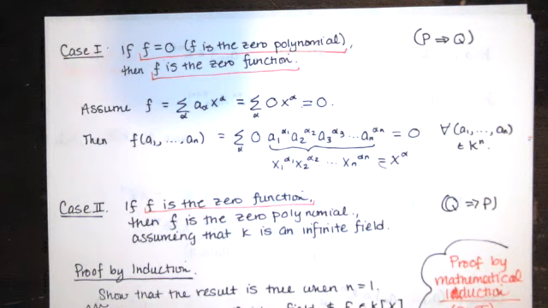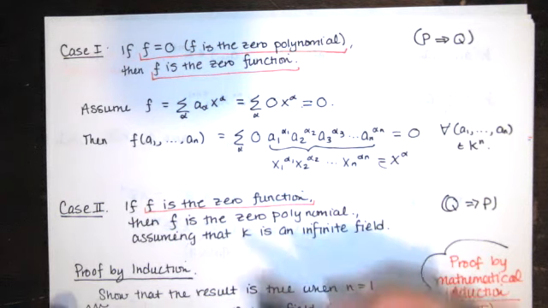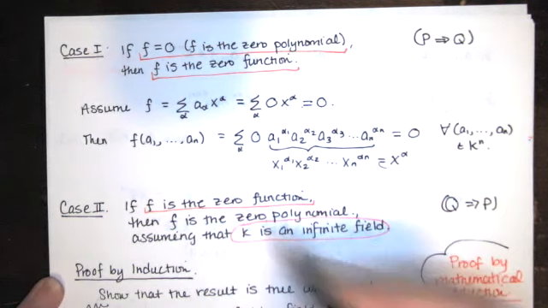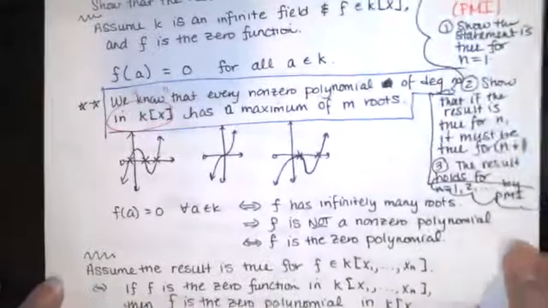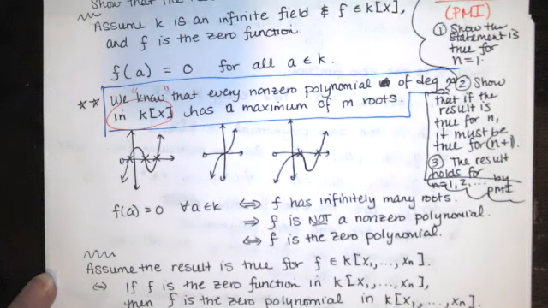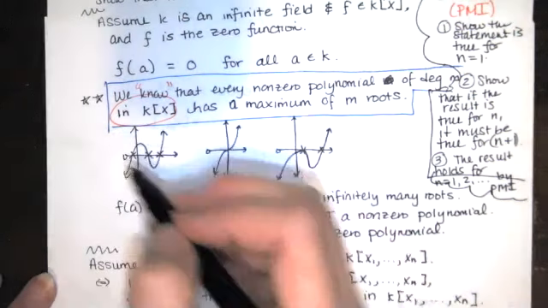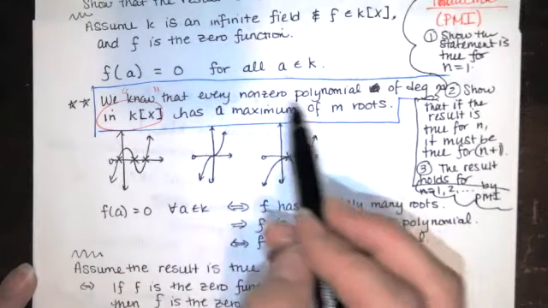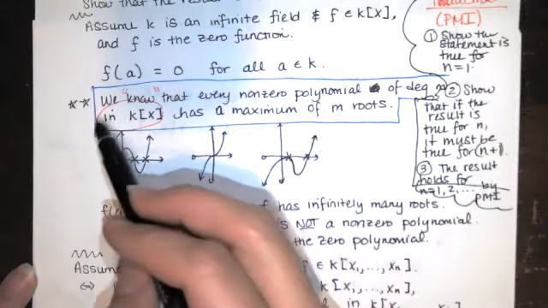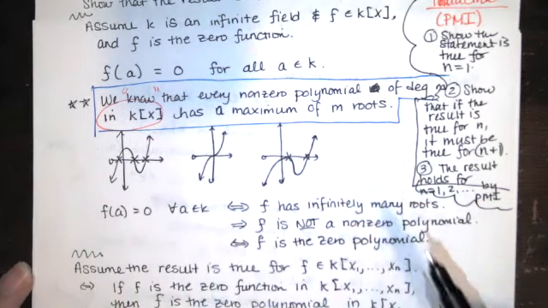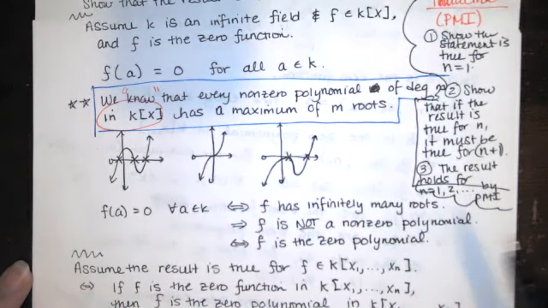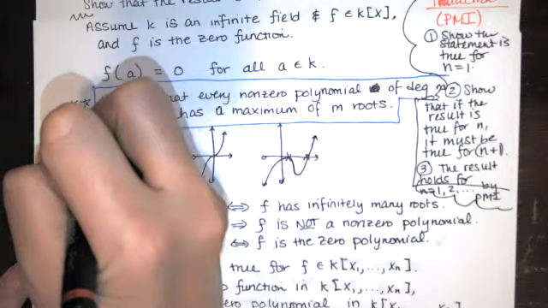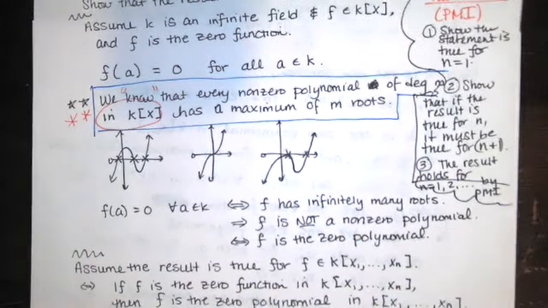Now, if you're saying, when did we use the fact that k was an infinite field? I think we used that fact right here. When we started here, when we said that we know that every non-zero polynomial of degree m in a single variable has a maximum of m roots. We used the fact that k was an infinite field right here.